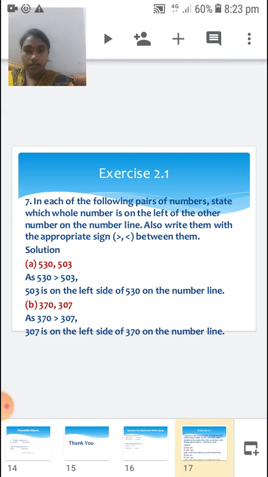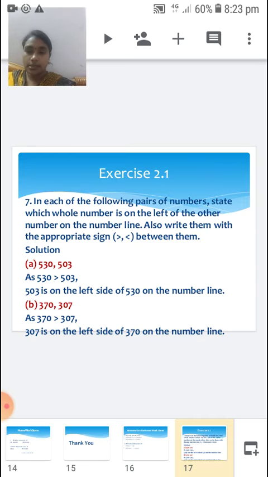Let me read out the question once more so you will understand it well. The 7th question is: in each of the following pairs of numbers, state which whole number is on the left of the other number on the number line. Also write them with the appropriate sign, that is greater than or lesser than, between them.